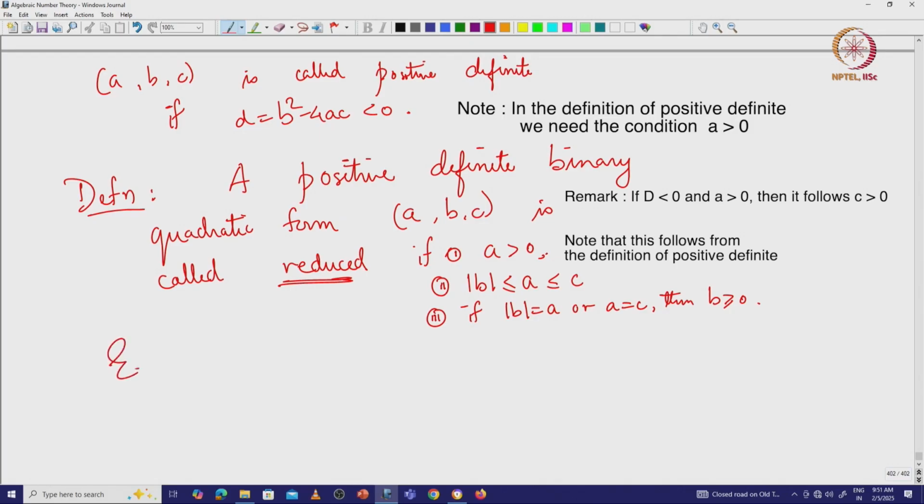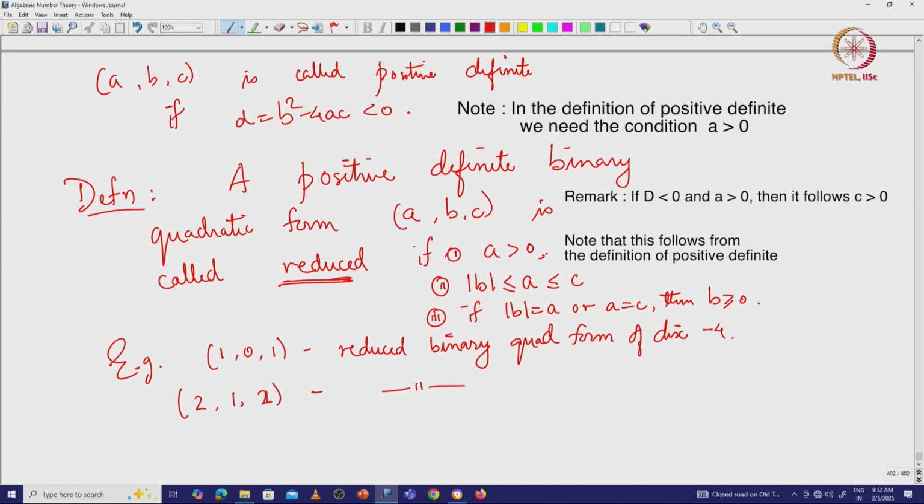Okay. So, example, if I take something like (1, 0, 1), then this is a reduced binary quadratic form of discriminant minus 4. Or I could take (2, 1, 2).